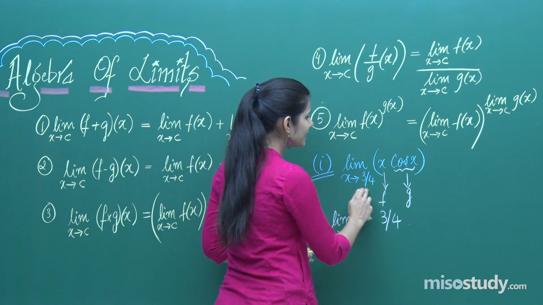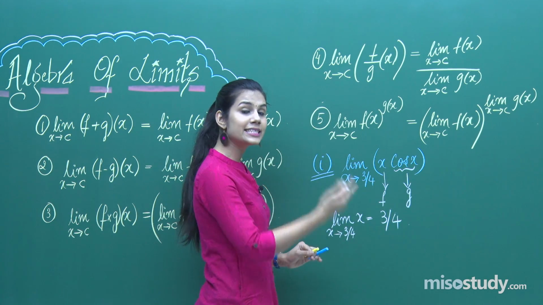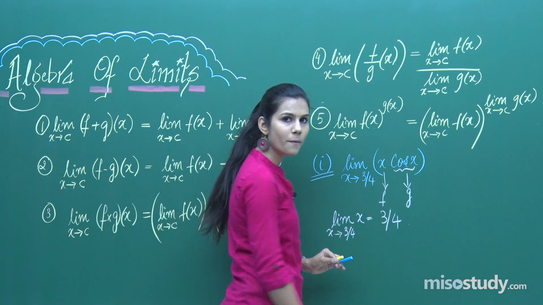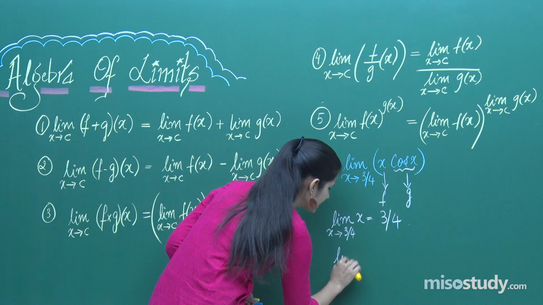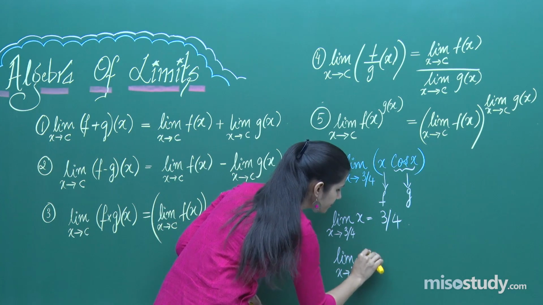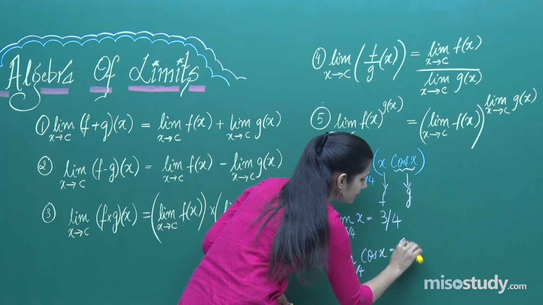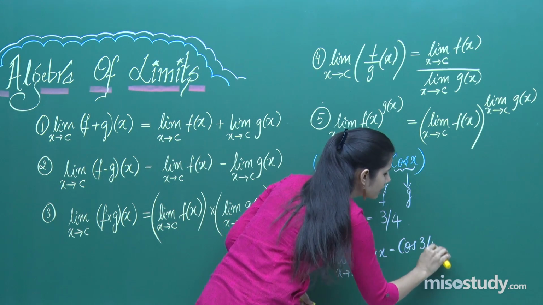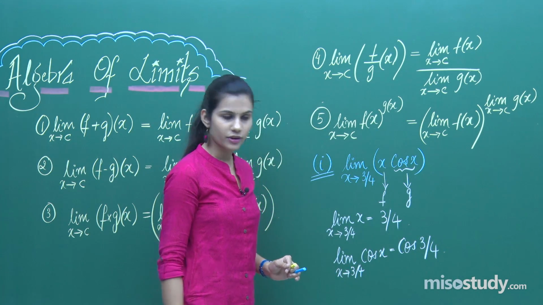And what is the limit at 3 by 4 of the function g, the next individual function involved in this combination? It is cos x. So what is limit x goes to 3 by 4 of cos x? It is nothing but cos 3 by 4, right?